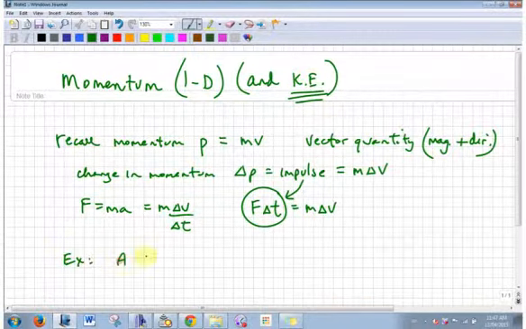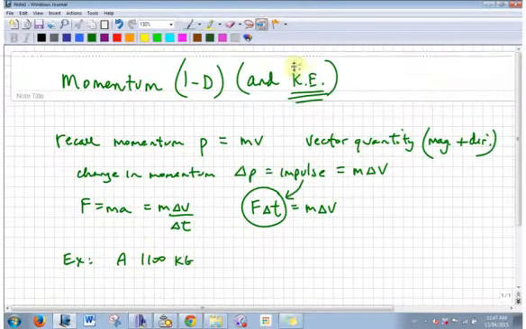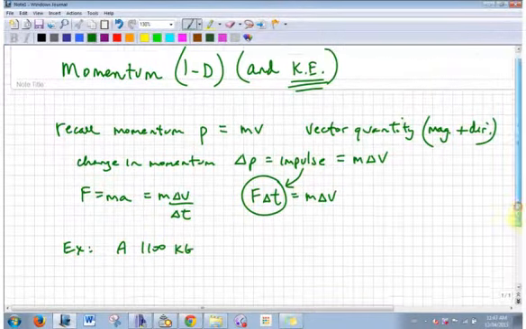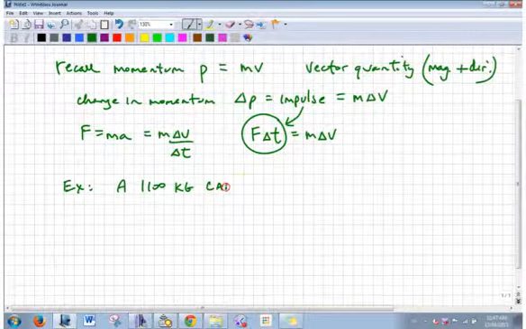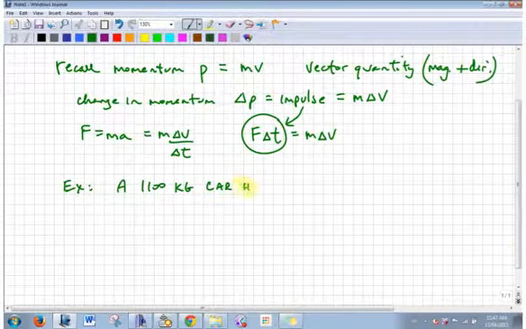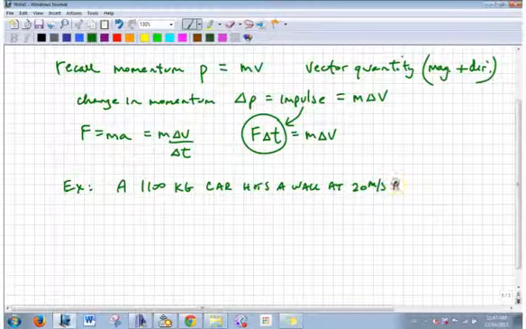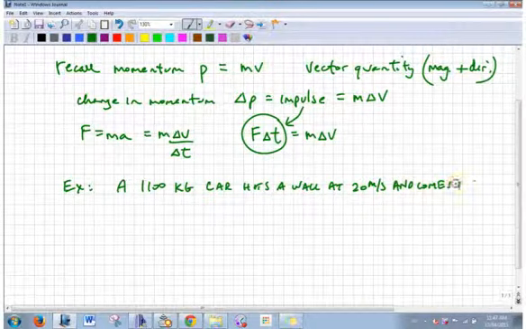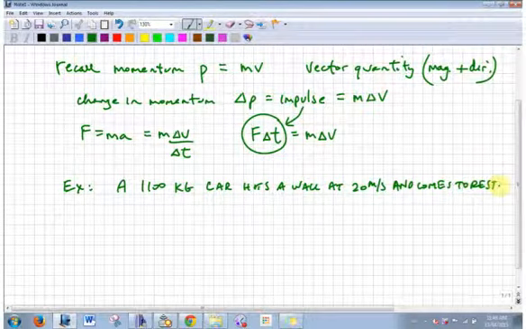So example, a 1100 kilogram car hits a wall at 20 meters per second, and it could, I guess, go through the wall, but I'm telling you it doesn't.